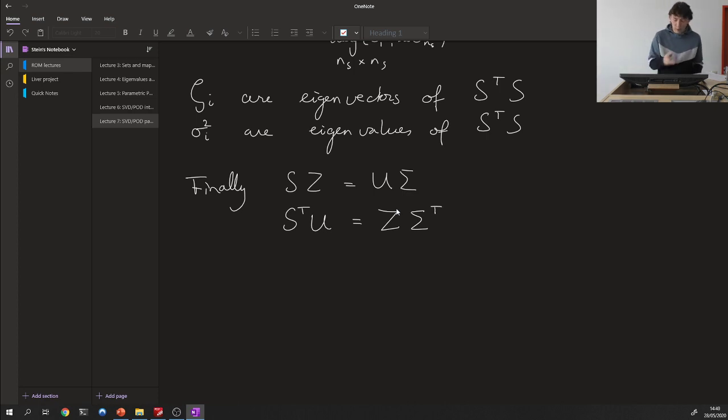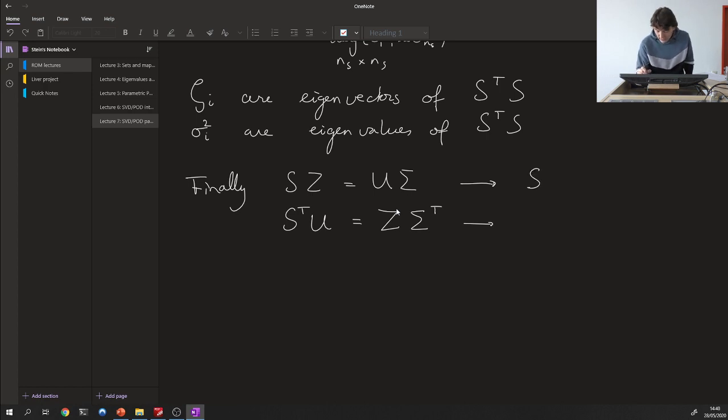Now what do these things mean? Well, they actually show a connection between the vectors that are in Z and the vectors that are in U. So they show a connection between the left singular vectors and the right singular vectors, in the following sense.